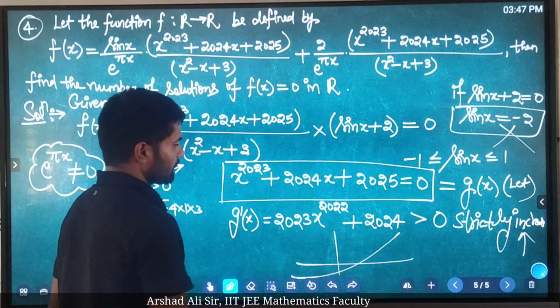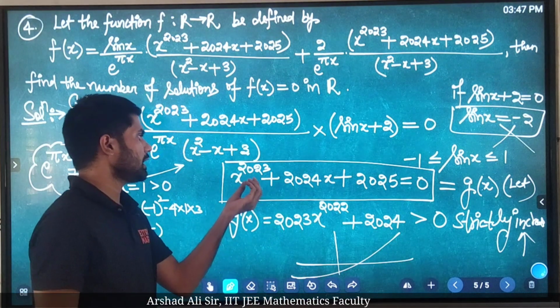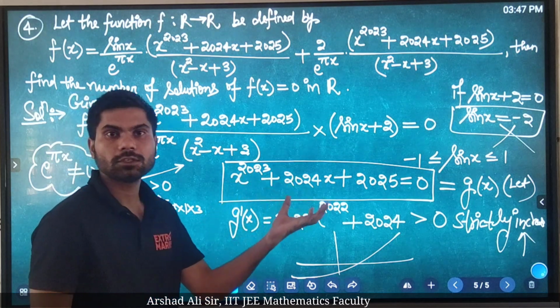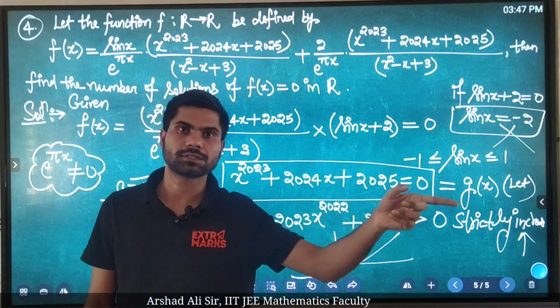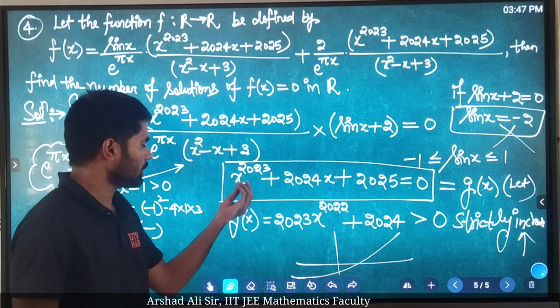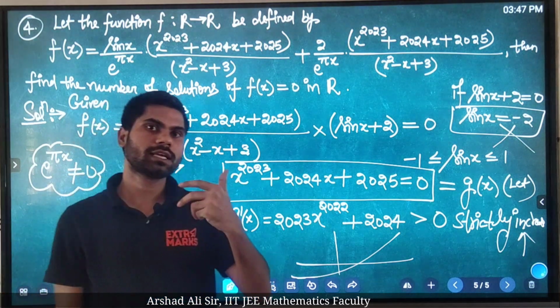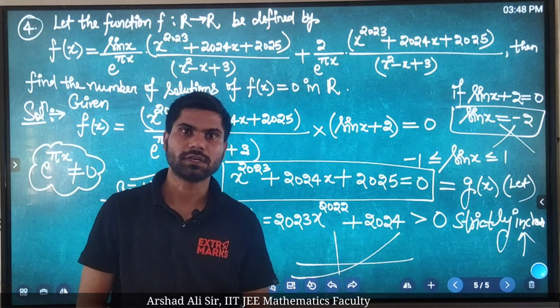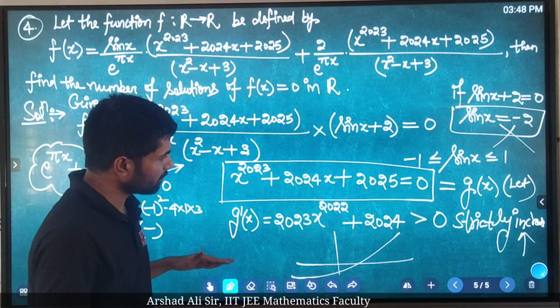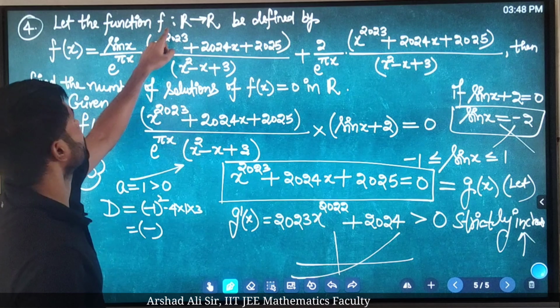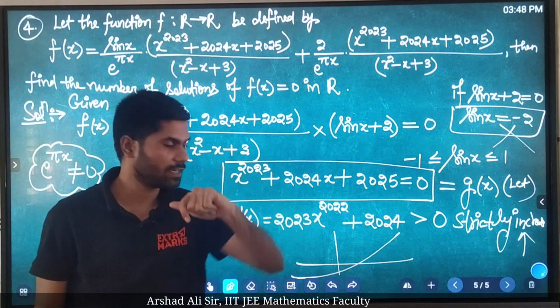If you will put x tends to infinity, you will get positive infinity answer. But if you will put something which approaches to negative infinity, you will get final answer negative infinity. So function will be in between minus infinity to plus infinity. What is meaning of R to R? Minus infinity to plus infinity.